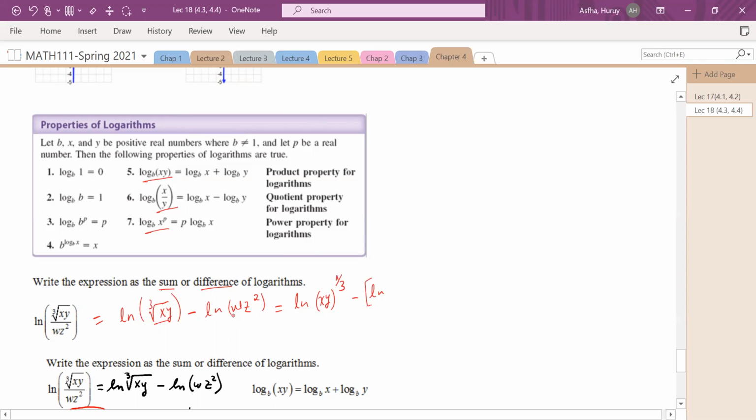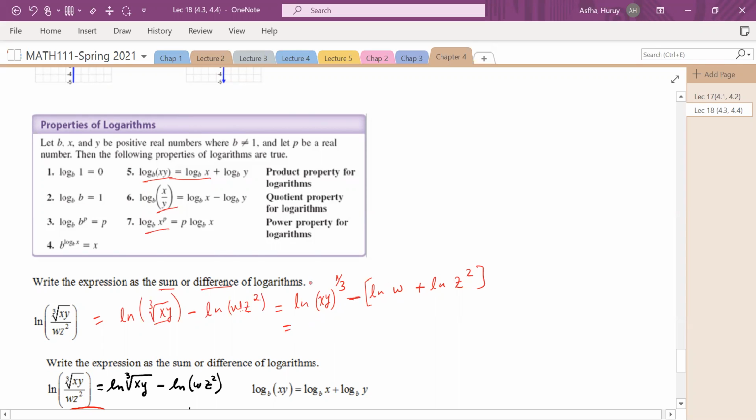Now we can distribute this one because this is w times z square. So we have a product of w and z square. By using the product property, I can write this one as ln w plus ln z squared. The reason for the bracket is that we have a negative, so we need to distribute it.